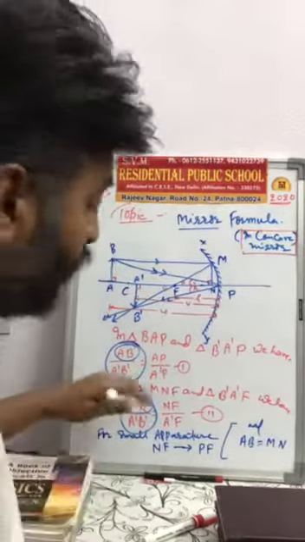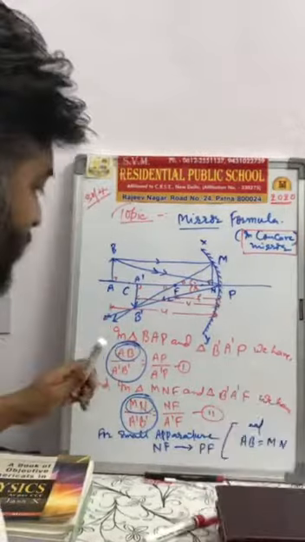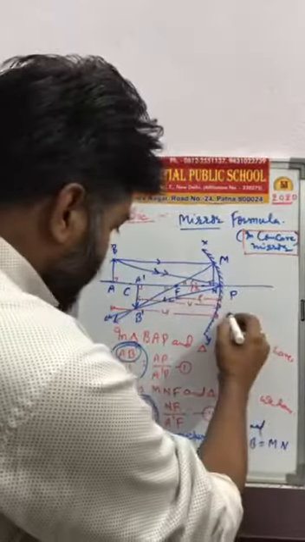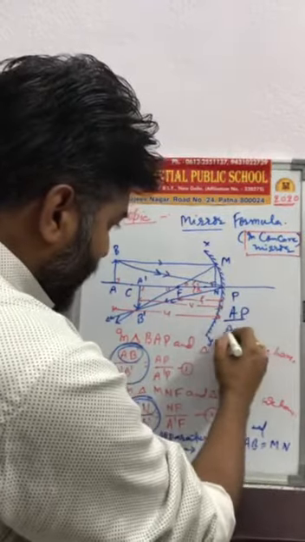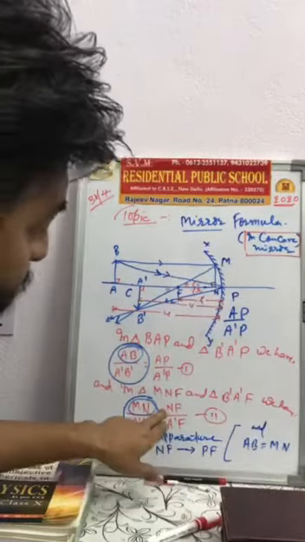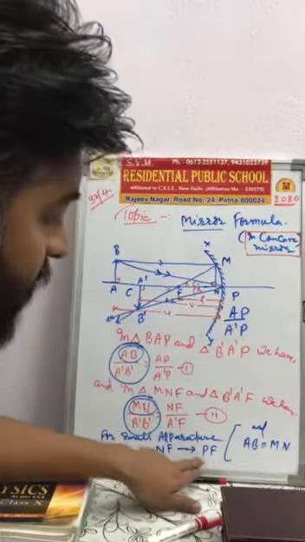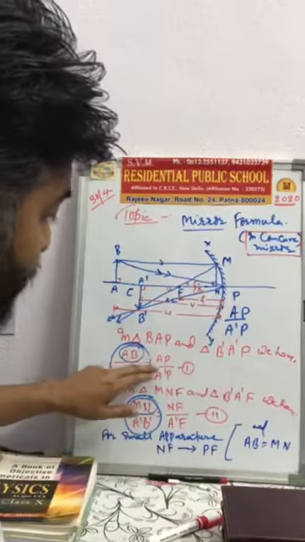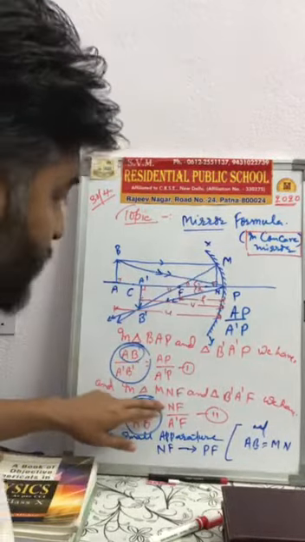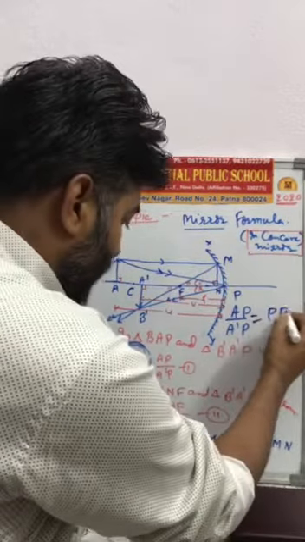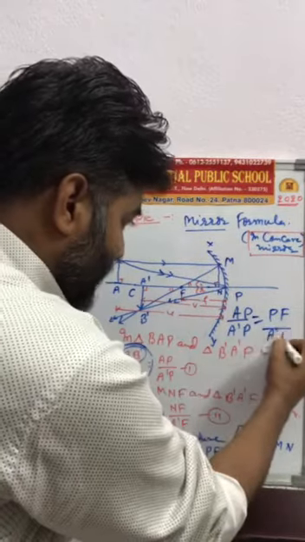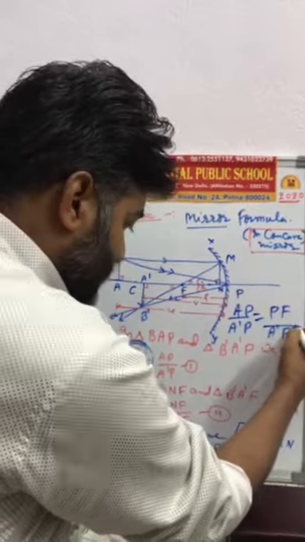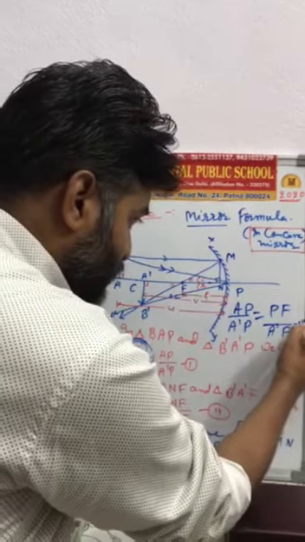Now from equations 1 and 2, whenever NF tends to PF, we can say that AP by A'P is equal to PF by A'F. This is equation number 3.